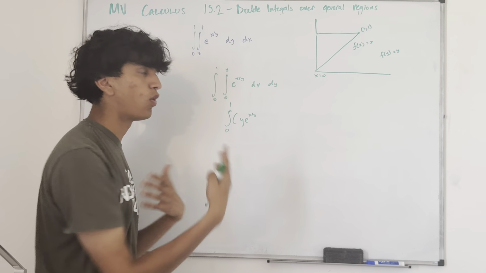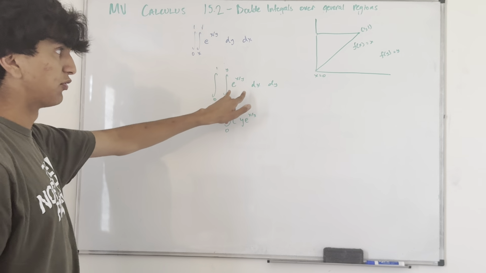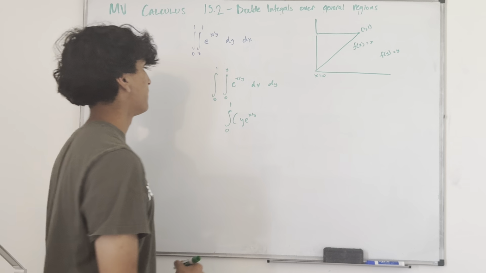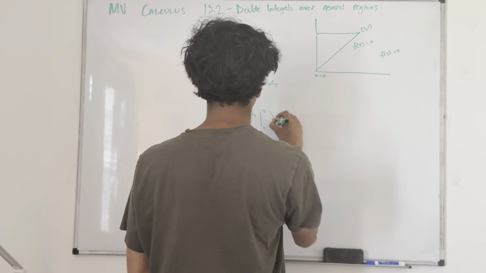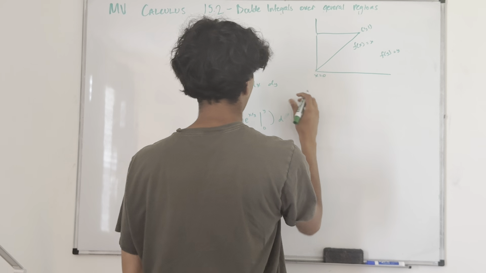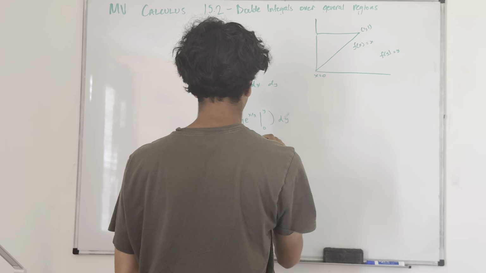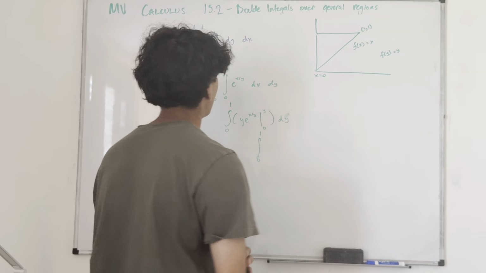So I need to multiply by y to get rid of that y term. The bounds are from 0 to y. I'm integrating with respect to y, from 0 to 1.